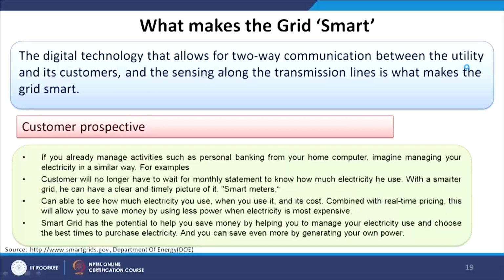Smart grid has the potential to help you save money by helping you manage your electricity and choose the best times to purchase electricity, and you can save even more by generating your own power by putting up rooftop solar.